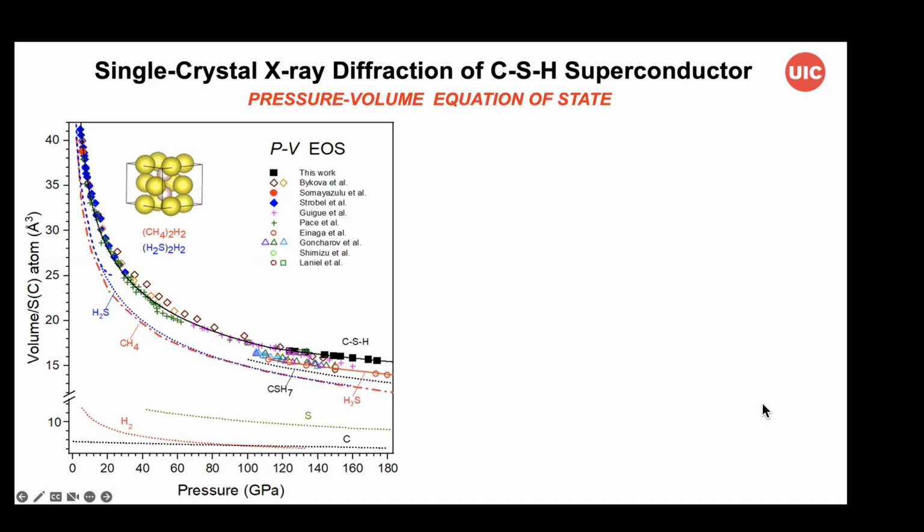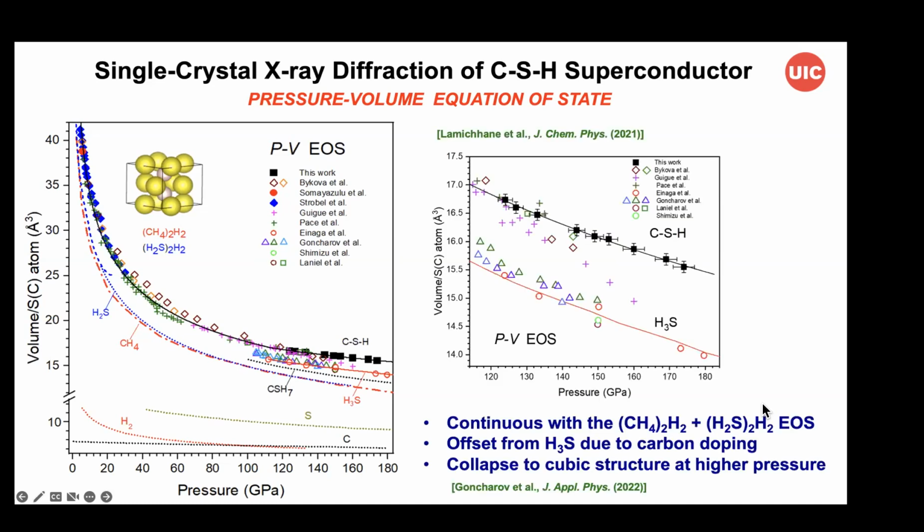And so you can understand the compression in terms of the compression of the molecular and atomic components in the system. Here's a blow up of the higher pressure range showing H3S as well as CSH, and this offset is due to the presence in some fashion of carbon in the system.